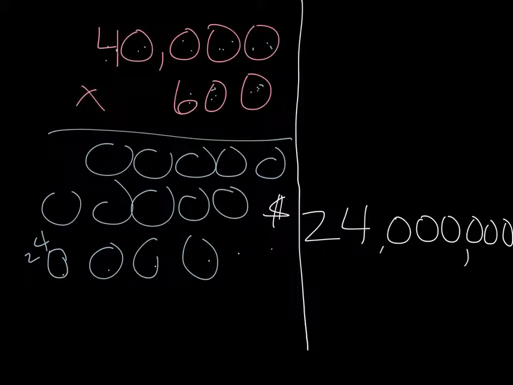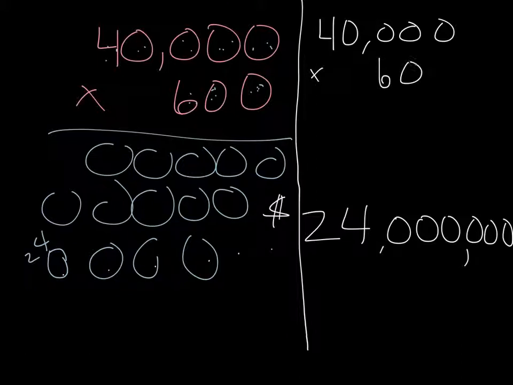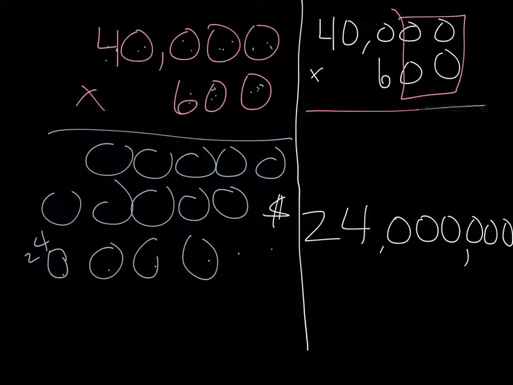When we do 40,000 times 600, since we have so many zeros on the end, we could take these off and put them back on at the end. And then just do that 6.